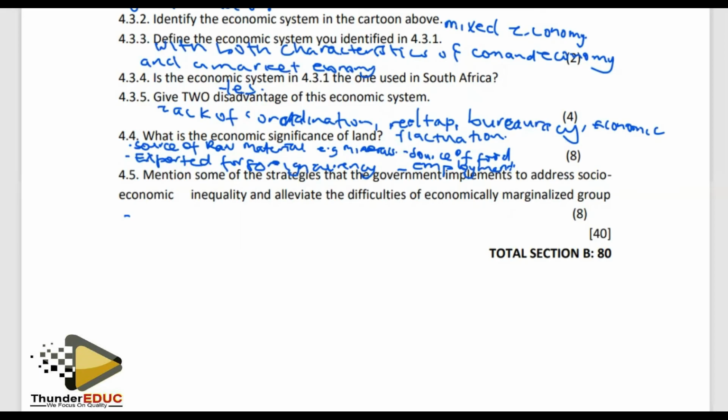First of all, there have been anti-poverty initiatives and programs, such as a well-developed social grant system.